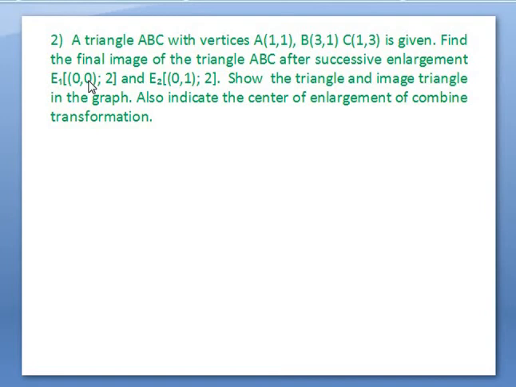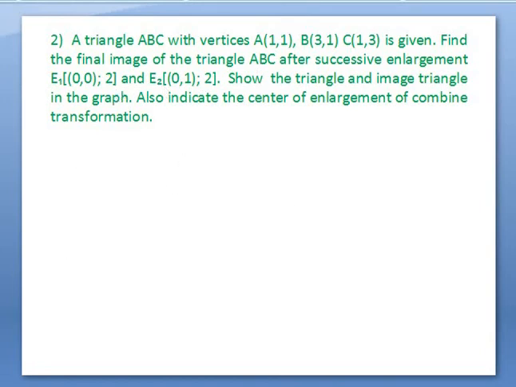Okay, finding the combination of these 2 enlargements. So we solve this problem by combining the enlargements at first, because we have to show the final image and the object only in the graph paper. Okay, so let's start.